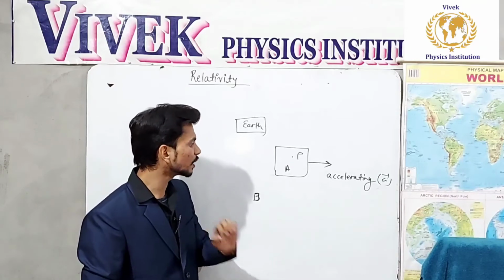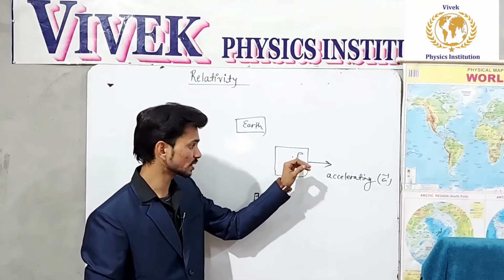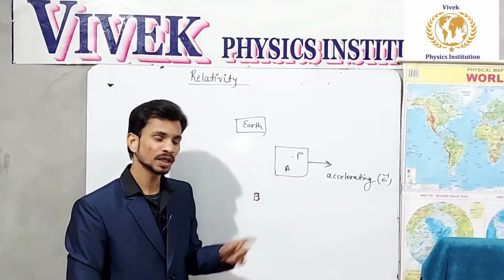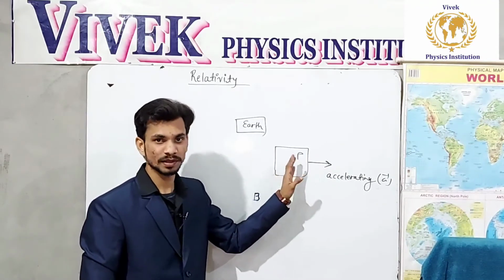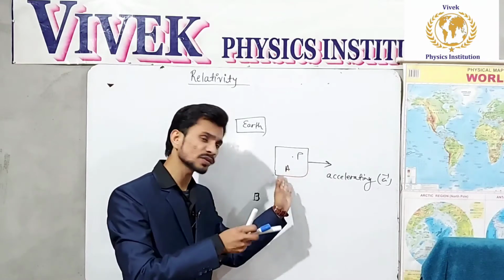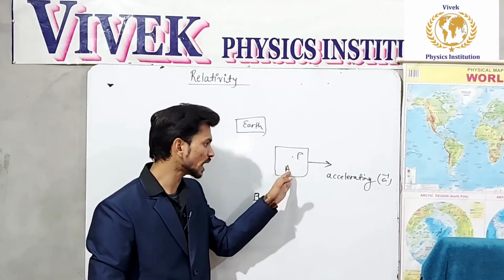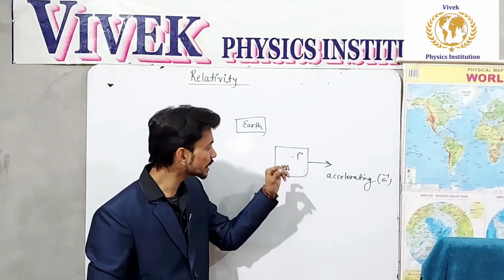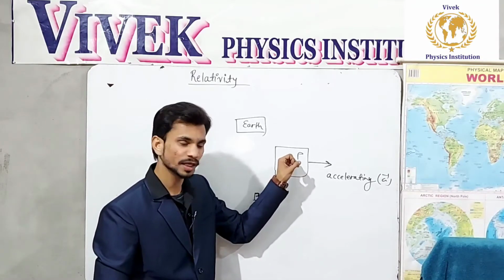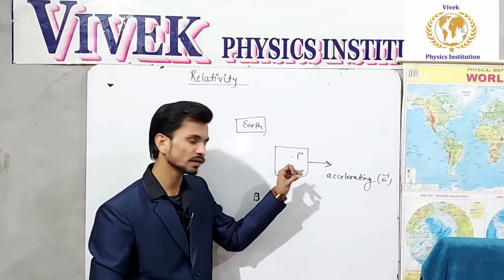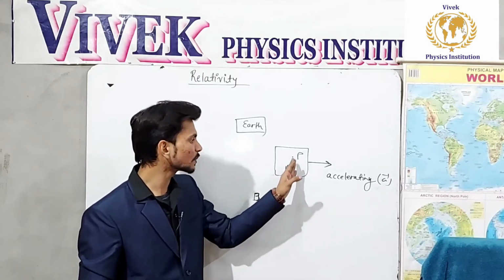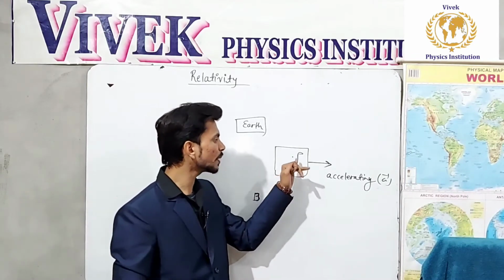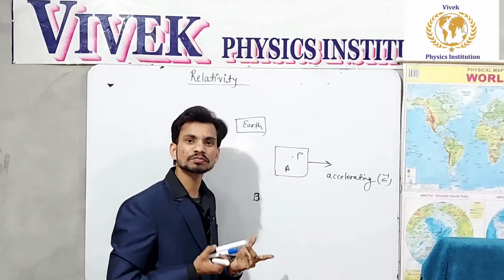If you ask about the acceleration of particle P with observer A, he will say that P is at rest because it is also in this frame of reference. So both are at rest. So the rate of change of position of particle P with respect to A is 0. So A will observe P as at rest, and the acceleration of particle P with respect to A will be 0.